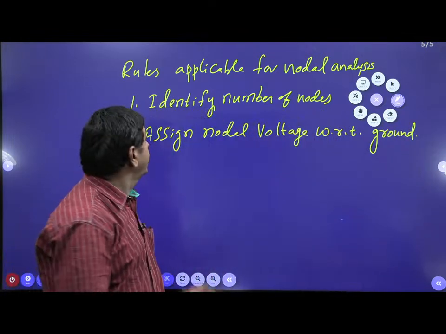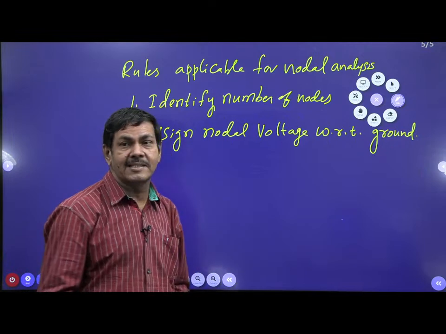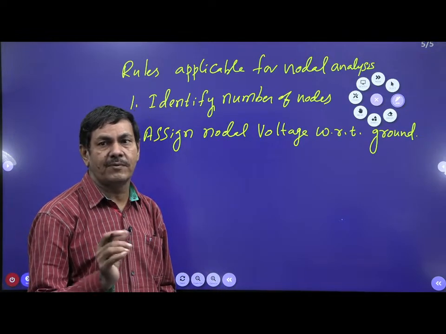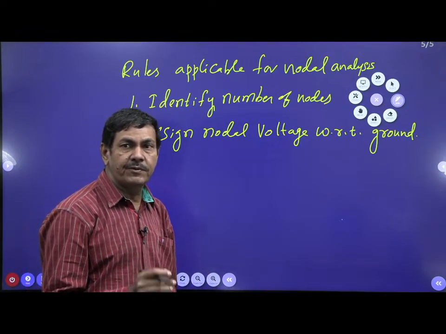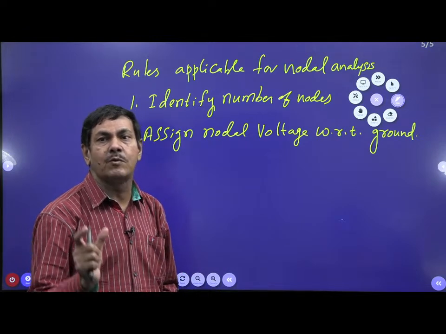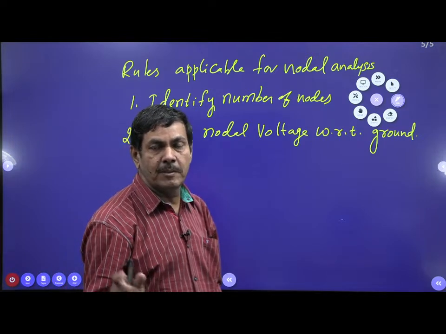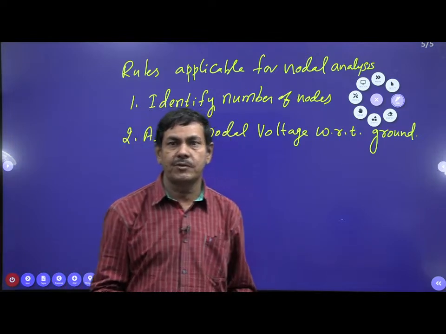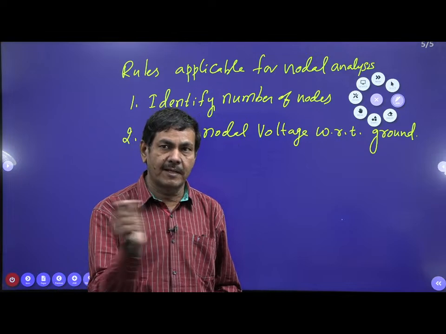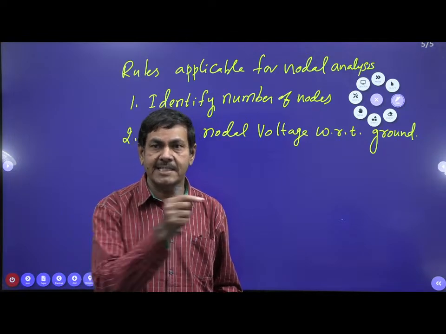What about nodal analysis? How can you form the nodal equation? To form the nodal equation, KCL plus Ohm's law is important. When a problem is given, initially you must write the KCL equation.